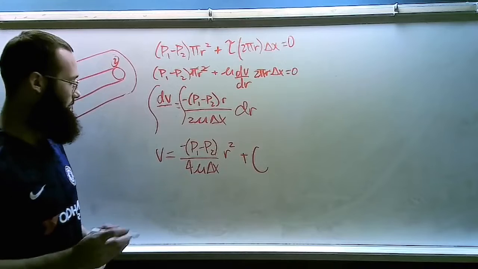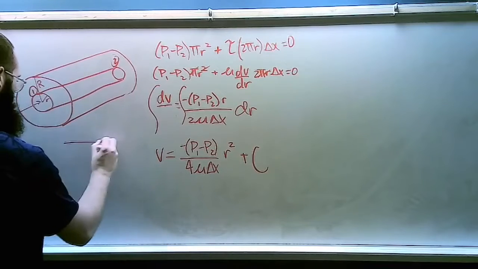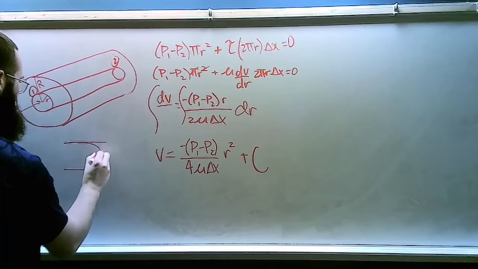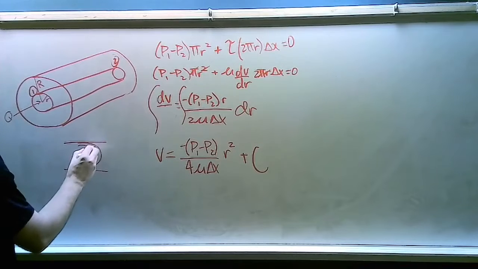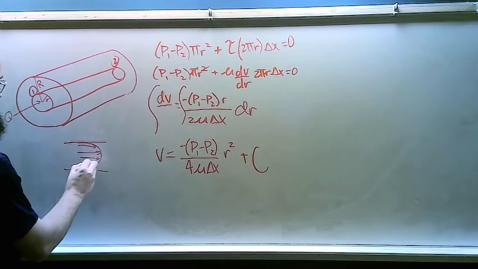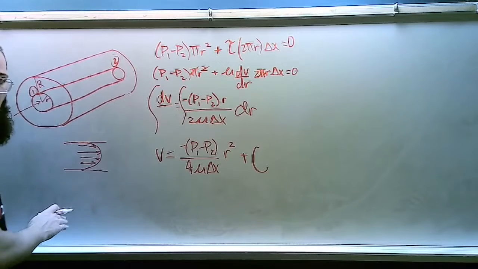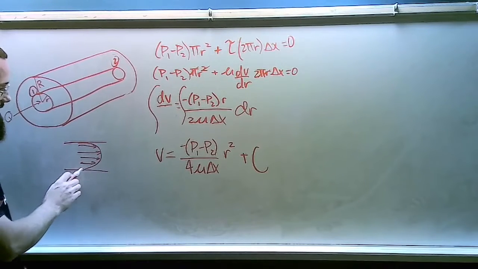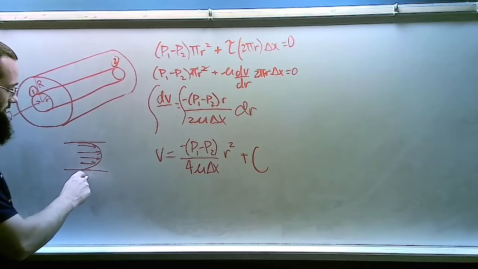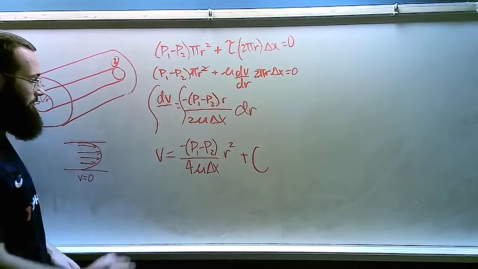So we know, because it's laminar flow, the velocity profile will look something like this. And as you can see from this, the velocity at the outer radius of the pipe will be equal to 0.